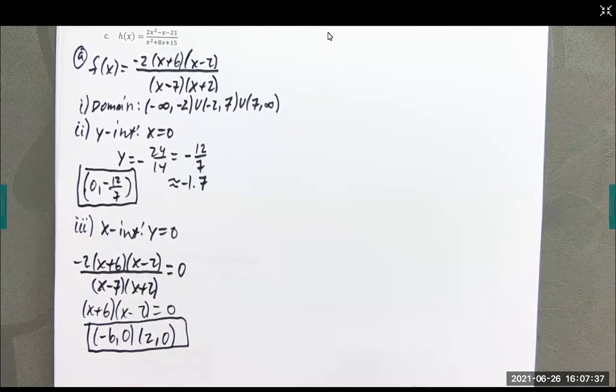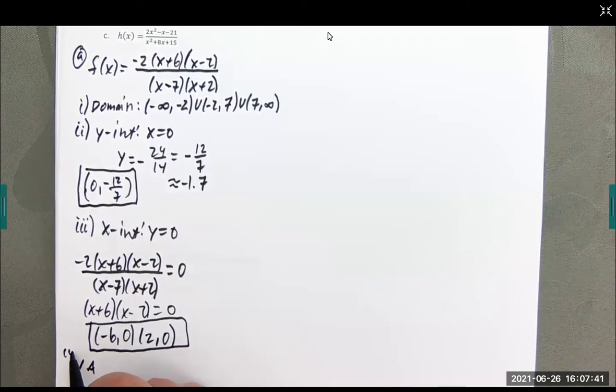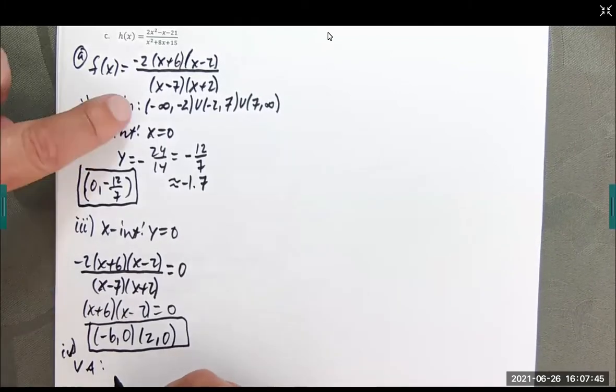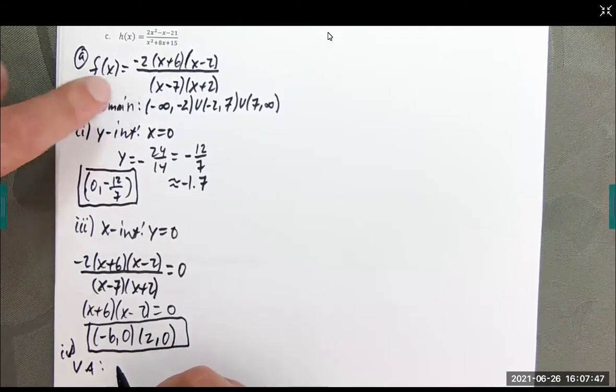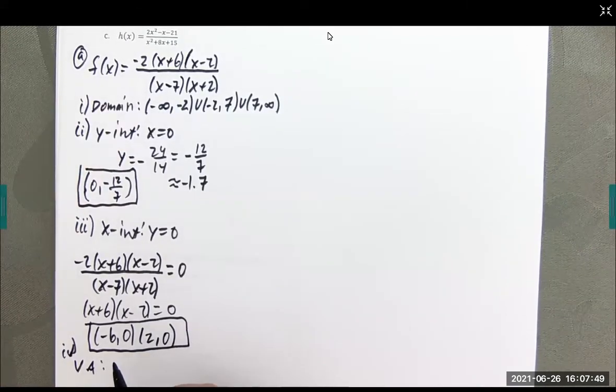Part 3, the vertical asymptotes, are at x equals 7, x equals negative 2. And finally, our horizontal asymptote.